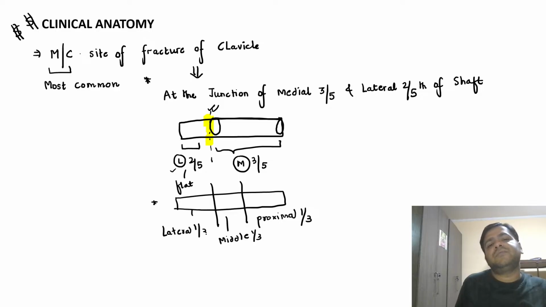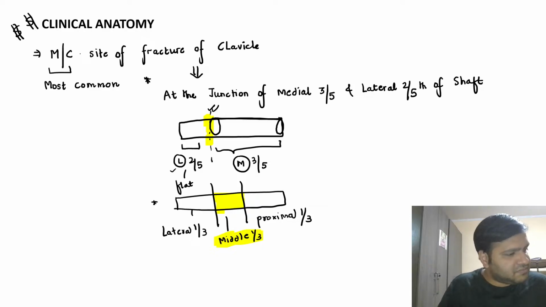Out of these three, which is the most common site of fracture? Again, it is the middle 1/3. It is not lateral. It is not proximal. It is the middle third of the clavicle which is more common for fractures, right?